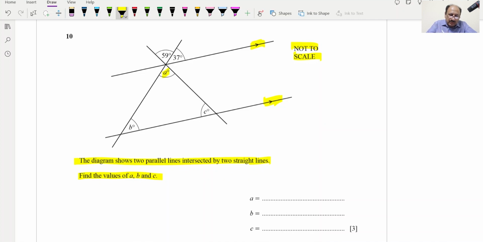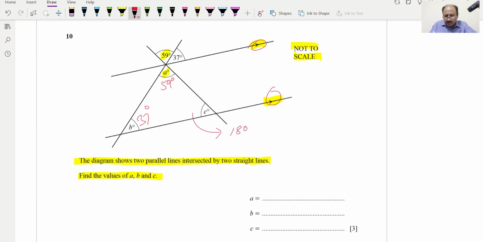So A angle will be opposite to this one, which is same as 59. So A angle will be 59 degrees, and these two lines are parallel, so this angle will be same as this angle. So we can write this as 37, and this one remaining angle we can calculate.